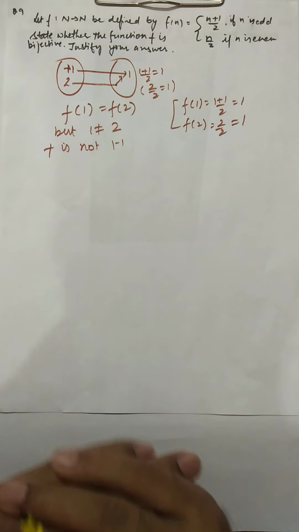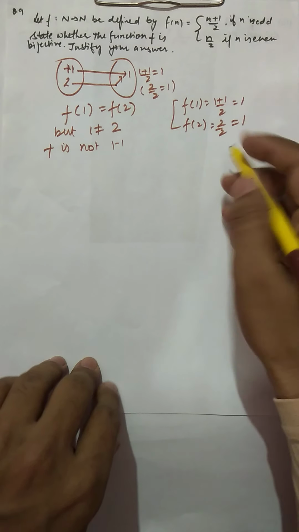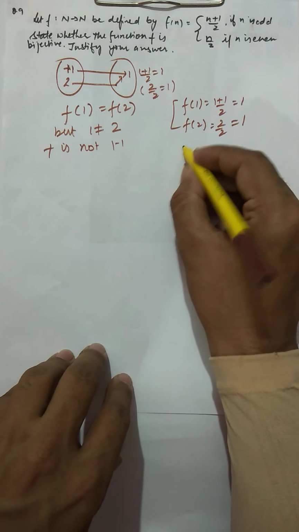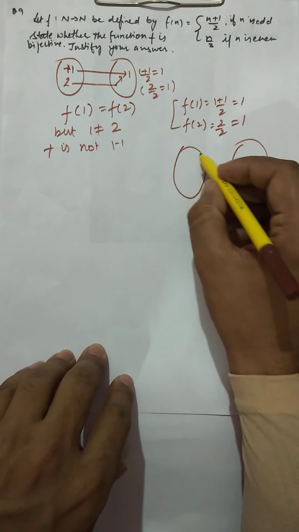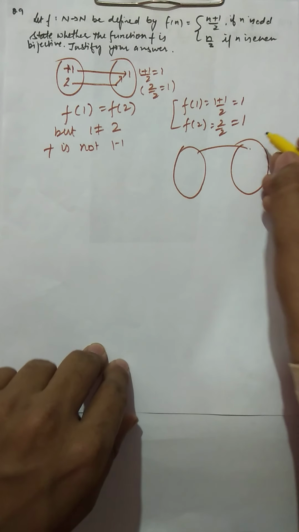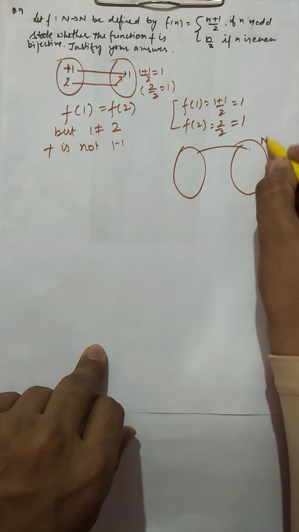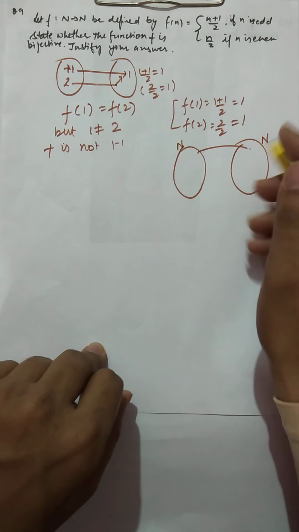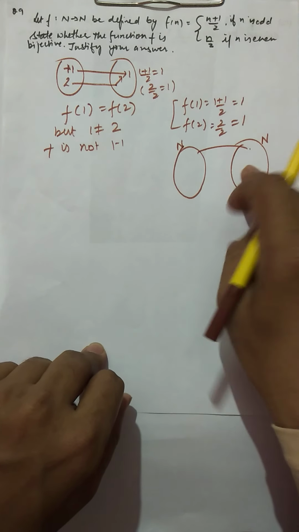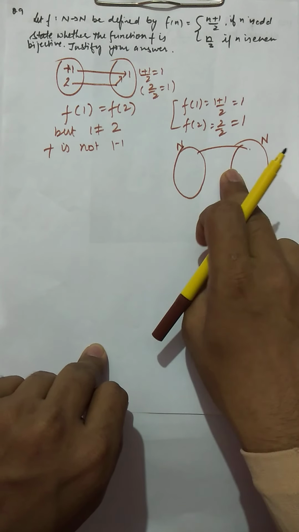Next we come to the onto of the function. Again we take the help of the arrow diagram. Whatever element you take from this set, this is natural number, this is also natural number, the element can be even or it can be odd.